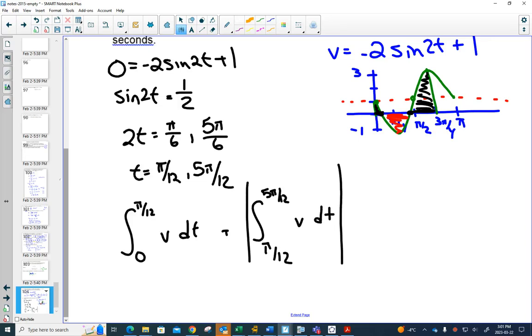And once we find that answer, we'd have to take the absolute value. And then finally go from 5 pi over 12 to 3 pi over 4 of v dt, and that one is positive already. A little bit annoying, because that's a lot of calculations to do, right?